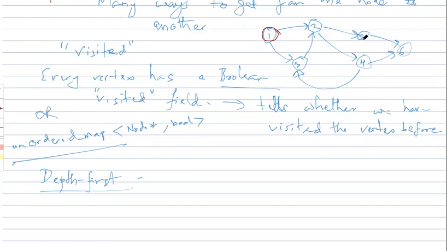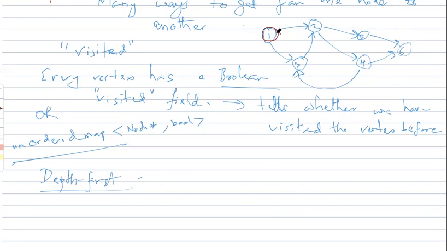I could have chosen 5 or 4 also, but I just chose 1 as a starting point. From 1, I can go to 2, I can go to 3. Through the adjacency list, I will immediately see that 2 and 3 are in my list of connectivities with respect to vertex 1. These are the neighbors of 1, or another way of putting it, the immediately reachable nodes with respect to node 1.